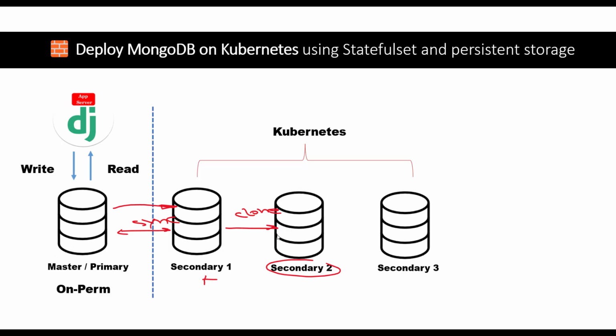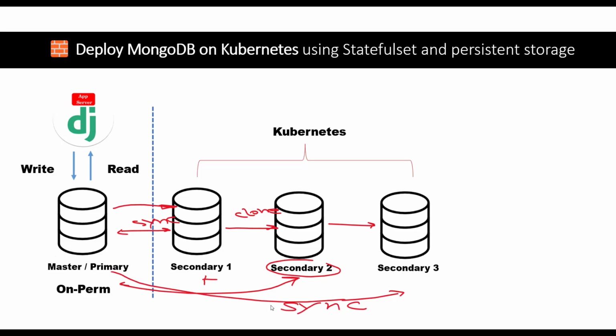And after everything is done, secondary two will be synced with the primary or master one. The same thing will happen on secondary three: it will clone data from secondary two and finally be synced with the master one.